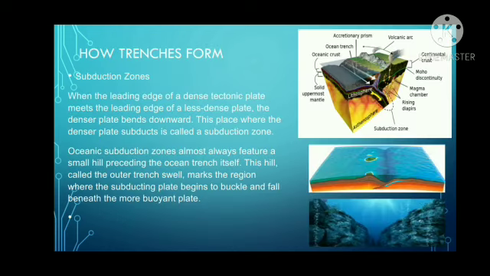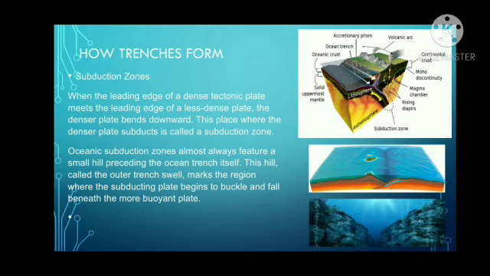So how do trenches form? The reason behind it is subduction zones. When the leading edge of a dense tectonic plate meets the leading edge of a less dense plate, the denser plate bends downward.